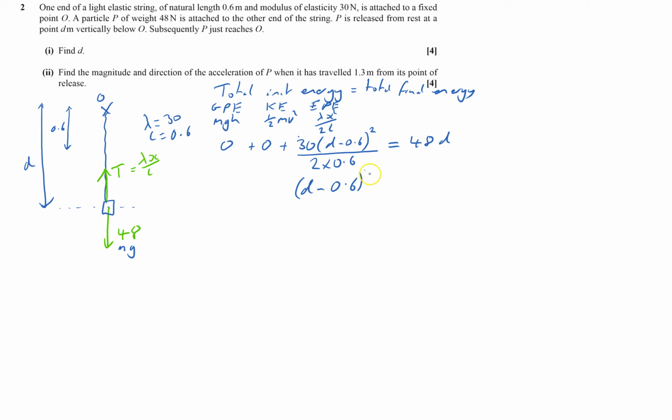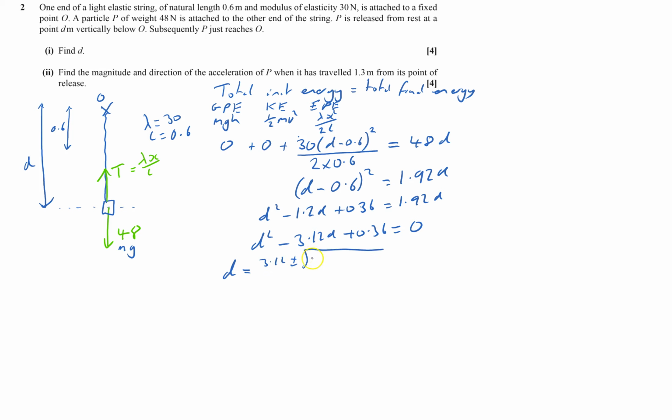So we've got d minus 0.6 squared equals 1.92d, so I've got d squared minus 1.2d plus 0.36 equals 1.92d, and so I get d squared minus 3.12d plus 0.36 equals 0, and I'll put that into the formula, so d equals minus that, so it's 3.12 plus or minus square root of 3.12 squared, etc., all over 2a, and so d equals 3 or 0.12.